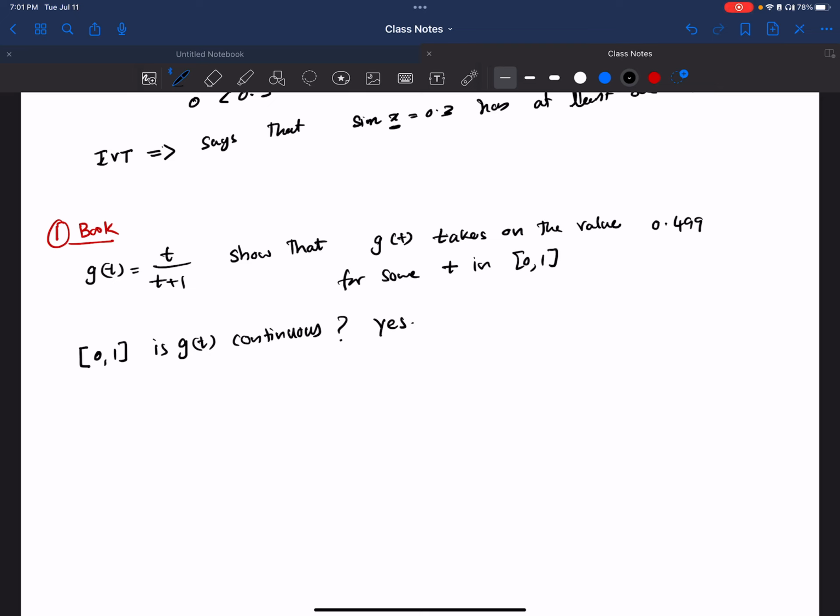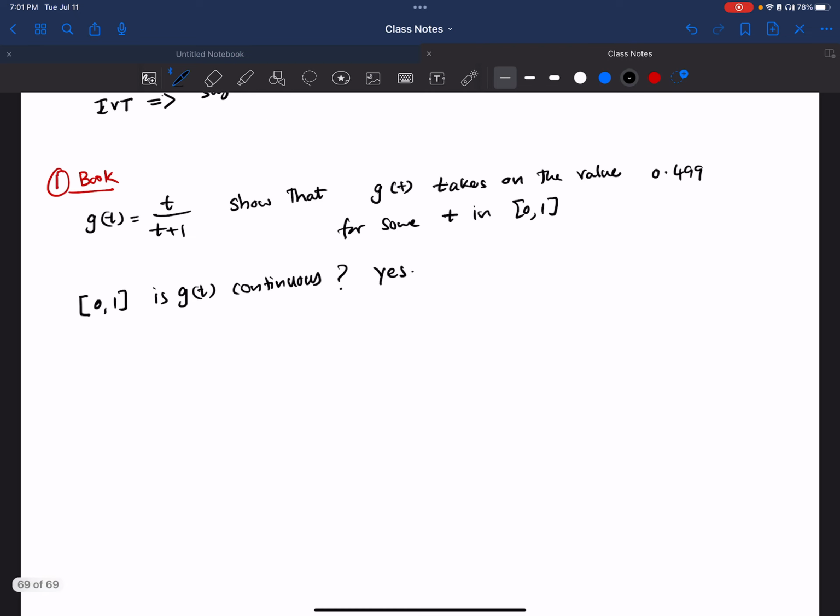G of t is continuous, and so we can find g of 0, which is 0, and g of 1 is half, right?